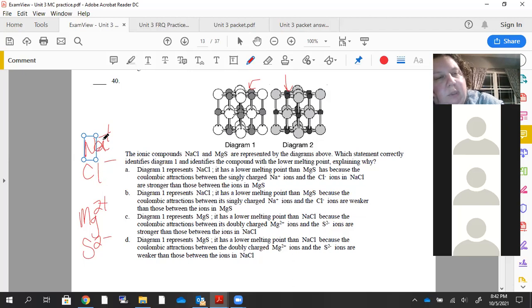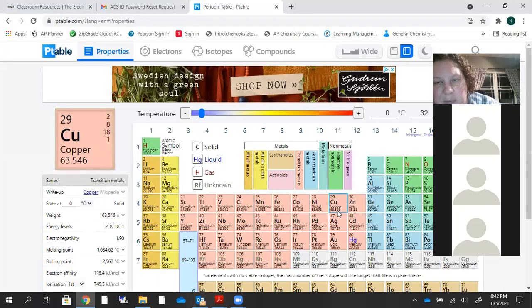Sodium is held to chlorine, plus and minus are attracted to each other. Magnesium and sulfur are attracted with a +2 -2. Since I still got my periodic table up here, magnesium is going to be a little bit smaller than sodium. Chlorine is going to be smaller than sulfur, right? Because it's right there, yeah.